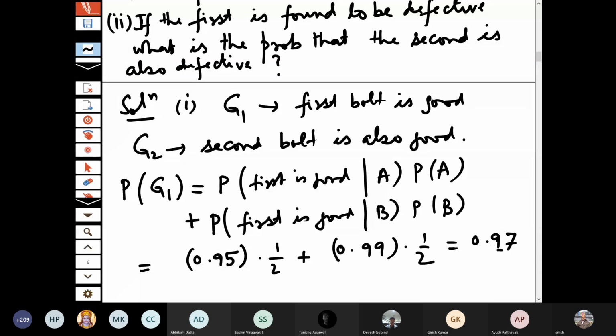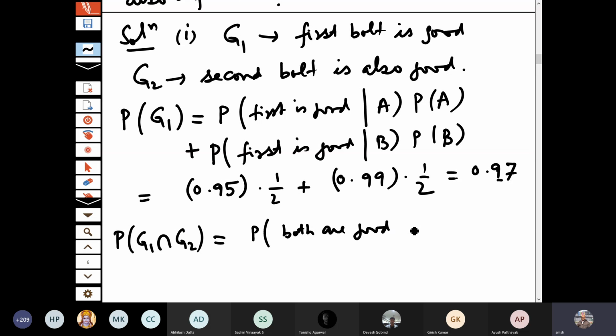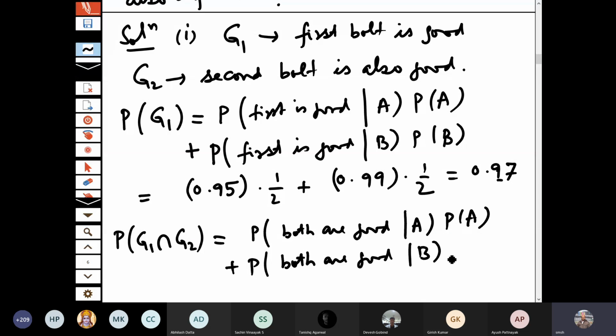Okay. Now in a similar way we give the argument for the second one, that is G1 intersection G2. So again, the probability that both are good given that they are from A, and the probability that both are good given that they are from B. Here, because all of them are coming either from A or from B, only this possibility can be there.